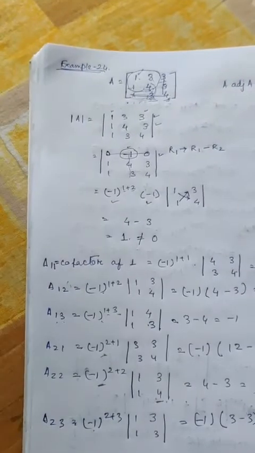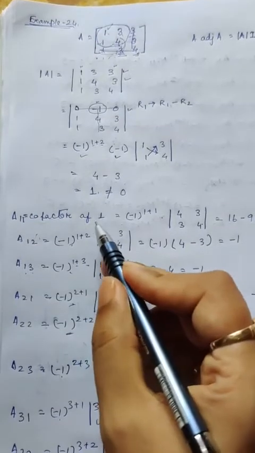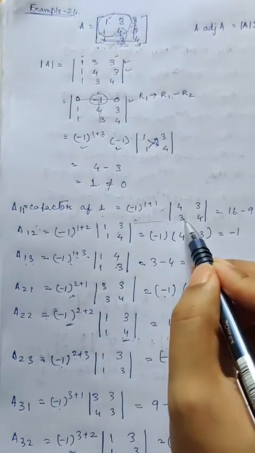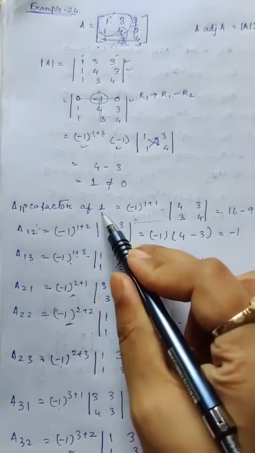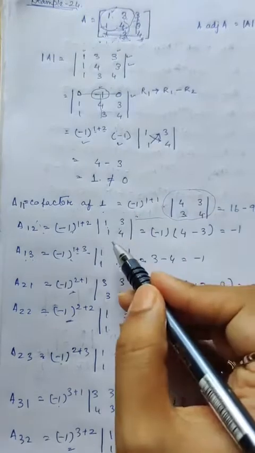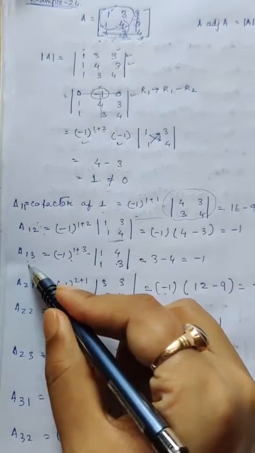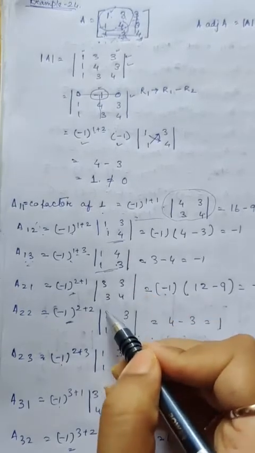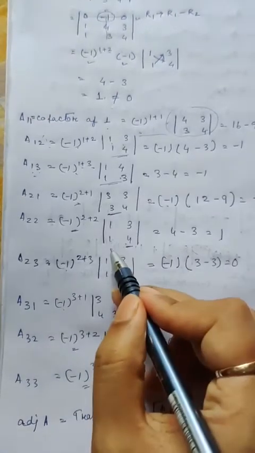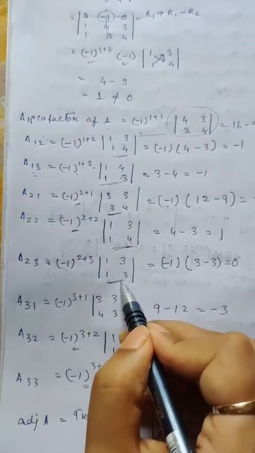One more important thing, whenever we are finding the cofactors, see the cofactor of 1 we will find like this, but the minor of 1 will be this part only. Minor of 3 will be this part. So capital M13 will be this part only. Capital M21 will be this part. Capital M22 this part. Capital M23 this one.